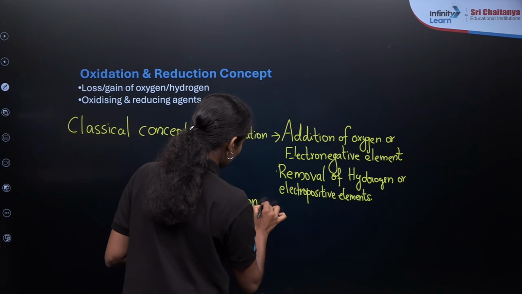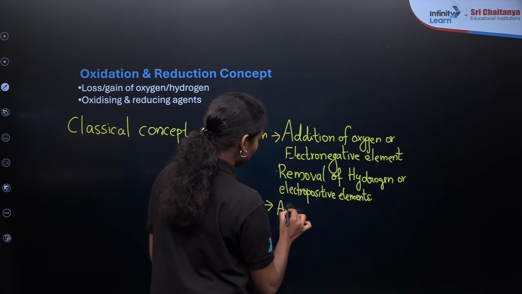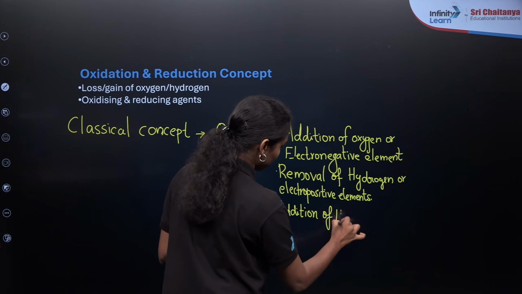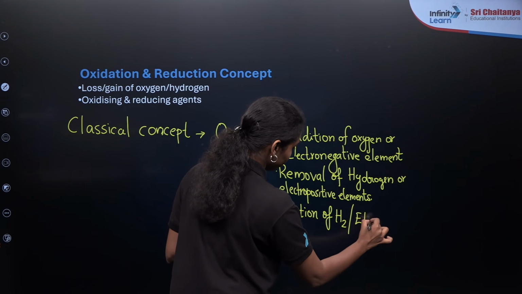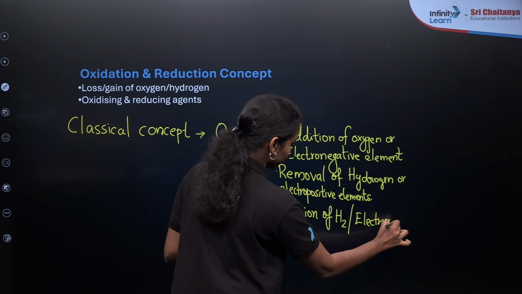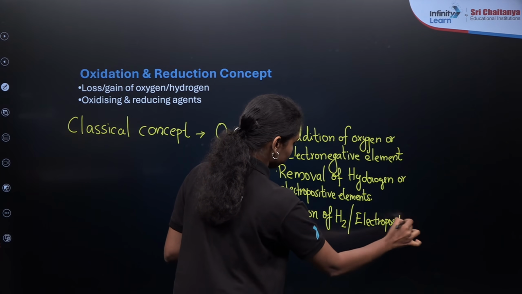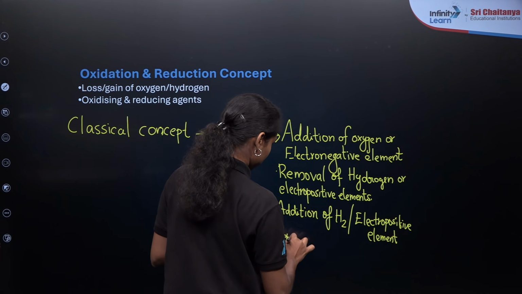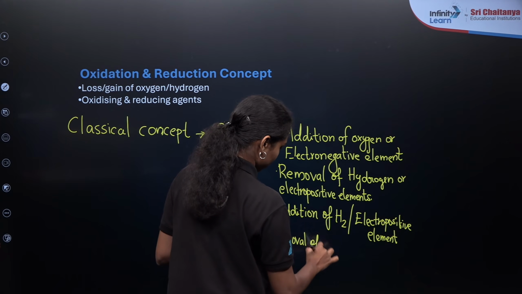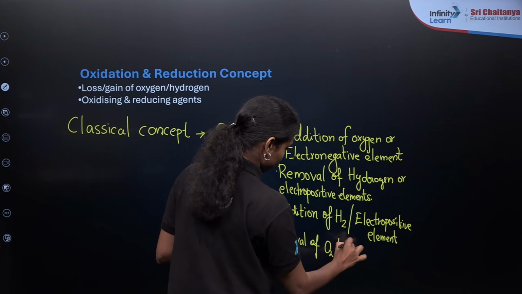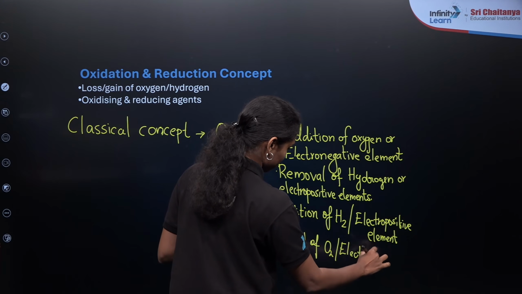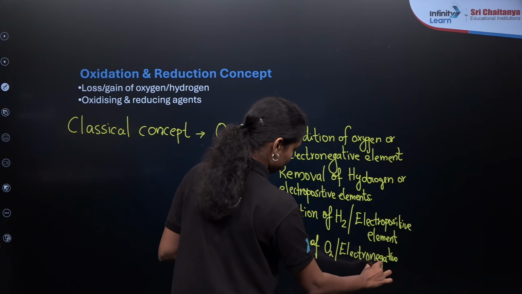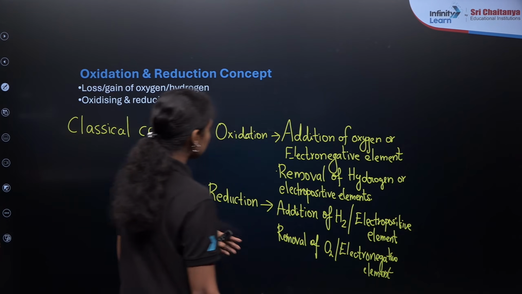So reduction is either addition of hydrogen or any electropositive element, or removal of oxygen or removal of any electronegative element. So this is about the classical concept.